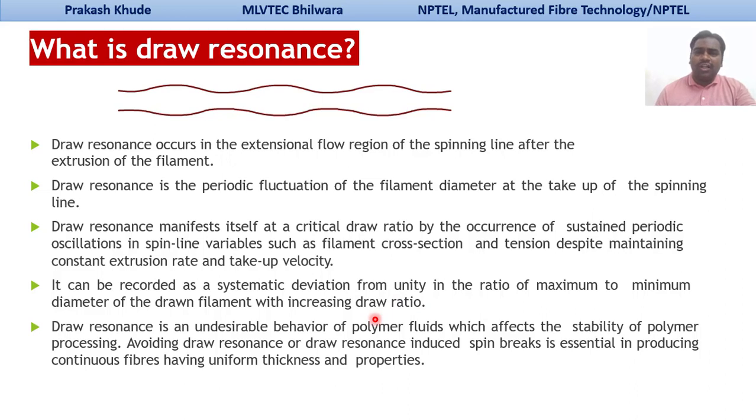Draw resonance is an undesirable behavior of the polymer fluid which affects the stability of polymer processing, and avoiding it, and spin breaks, is essential in producing continuous fiber having uniform thickness and properties.